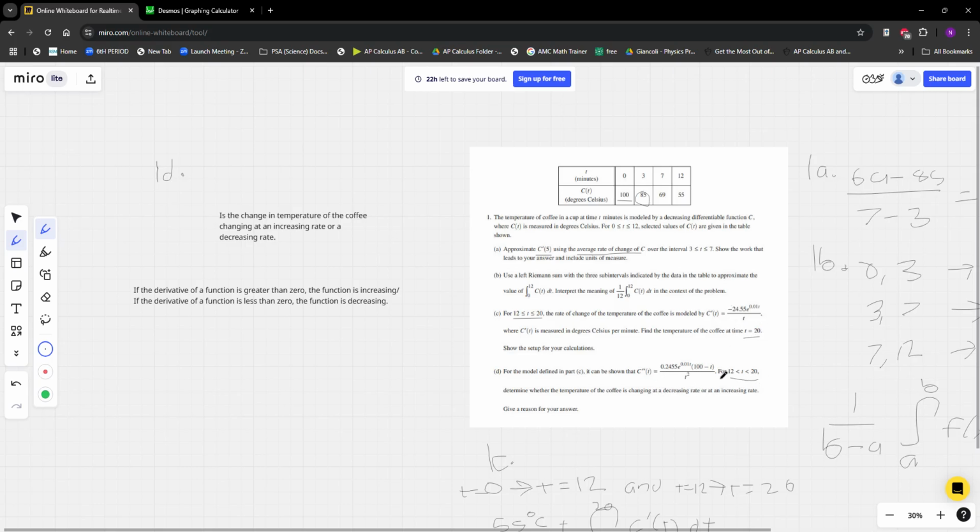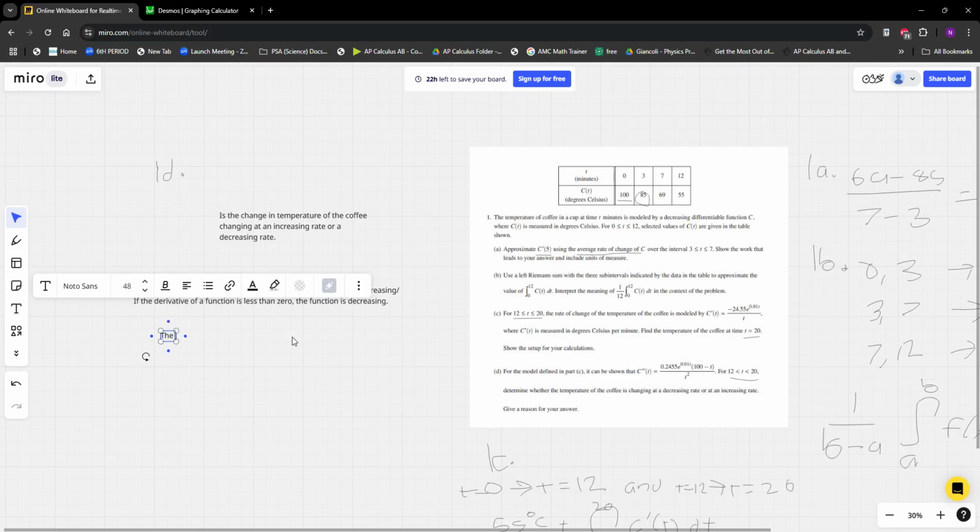If we plug in any number on the interval 12 through 20, this always has to be greater than 0, because if I plug in 12, this is just 12 squared, which is always positive. Same with 20. And 100 minus 12 will always be positive, and 100 minus 20 will always be positive. So for any number on this interval, if I plug it into this function, it will always be greater than 0.